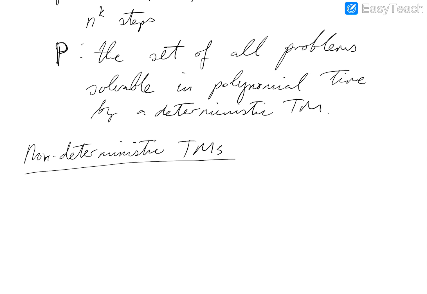Now the transition function is a subset of Q Cartesian sigma times Q times sigma times left-right-stationary. This tells us whether it is possible for a configuration C to yield another configuration C prime.